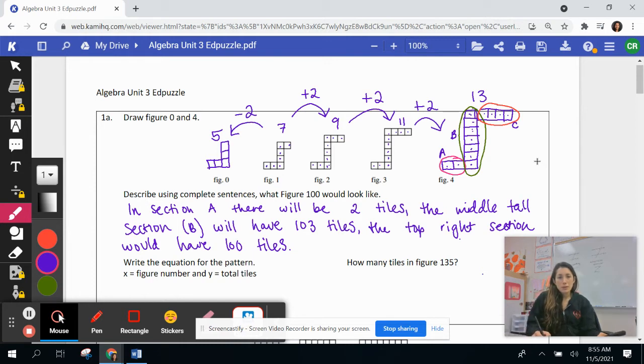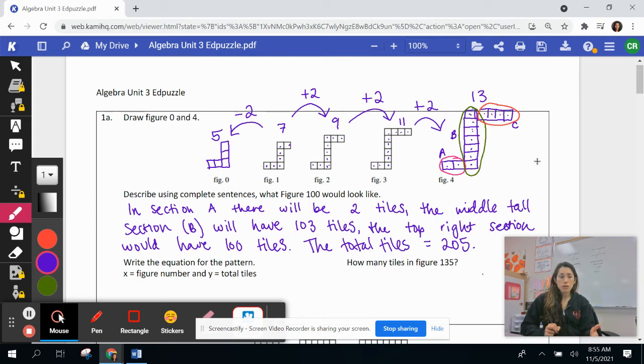Okay, so then you might want to end with giving the total number of tiles. So if I add up 2 tiles, 103 tiles, and the 100 tiles, that would give us a total. The total tiles equals 205.